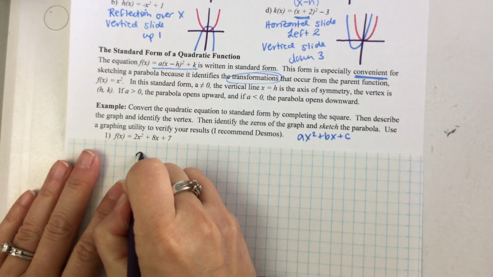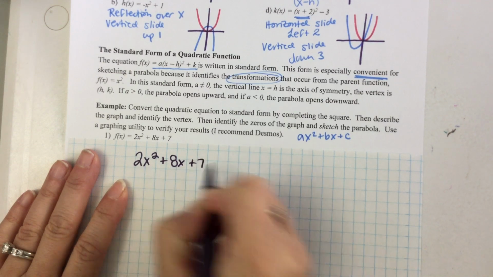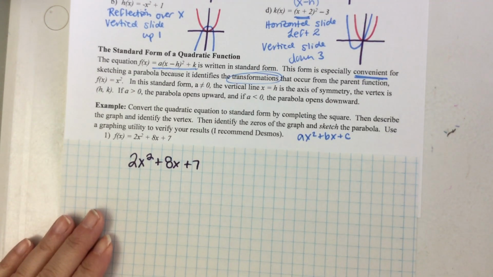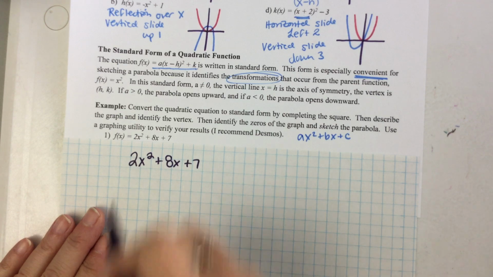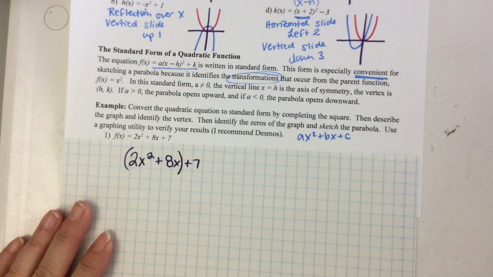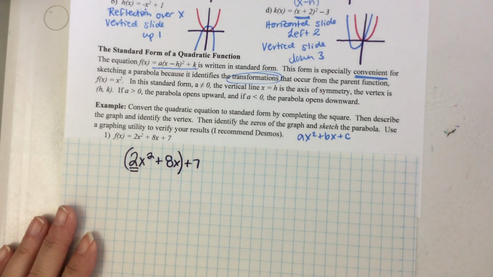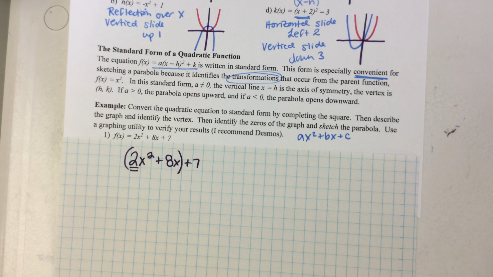Okay. The first thing that you do when you complete the square is you want to make a separation from your variable terms and your non-variable terms. What that means is I'm going to go ahead and put parentheses around the terms that contain an x, but not the 7 because 7 does not have a variable. Now, before you complete the square, you need to make sure that your leading coefficient, the number in front of x squared, is a 1.